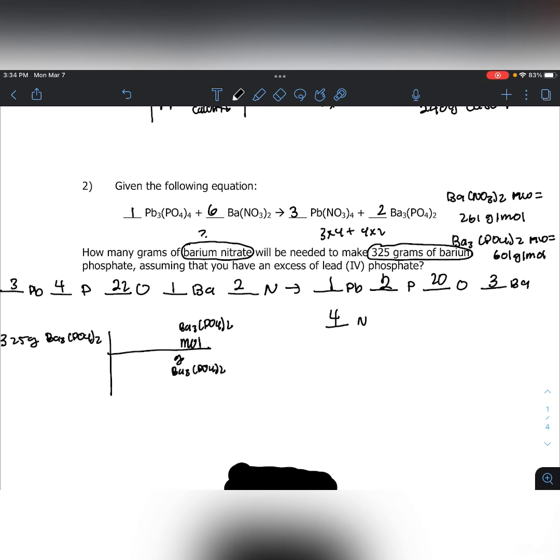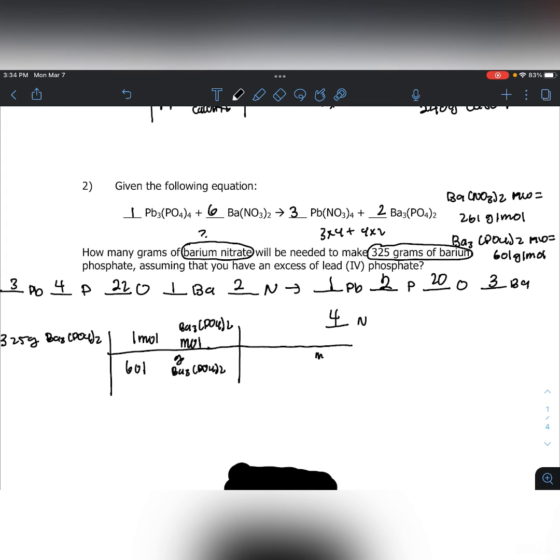So looking at it, it seems like the molecular mass for barium phosphate is 601 grams per 1 mole. Okay, with that, we want to bring that to the bottom. Now we can do the mole to mole transfer.